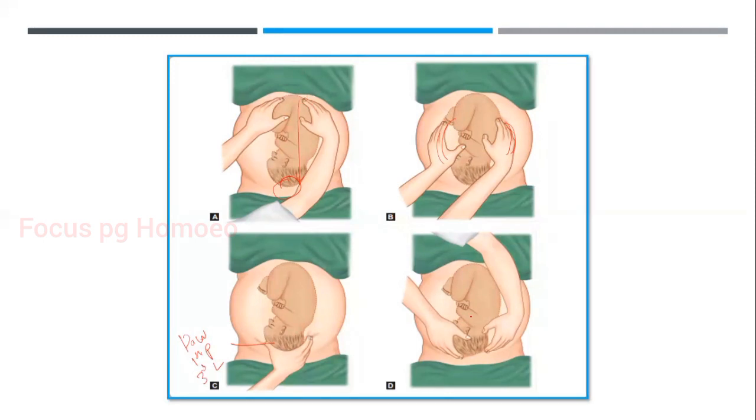You have to remember this. And the last one is to assess the descent of the presenting part, also known as the fourth Leopold and second pelvic grip. Hope it is clear. This is a very important, frequently asked question from obstetric grips, and the person who gave the maneuver is Leopold.